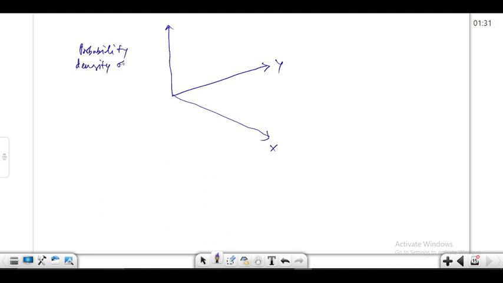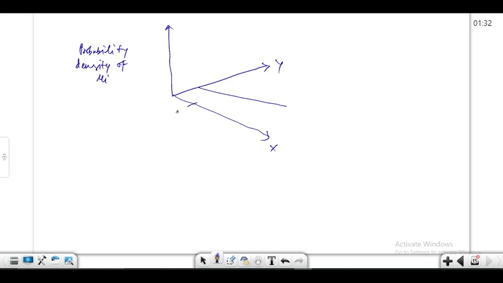What this means is, if I try to make a three-dimensional graph, let's give it a best shot. So try to look at it in three dimensions. This is your x, this is your y, and this is your probability density of ui. And this is your regression line, right?